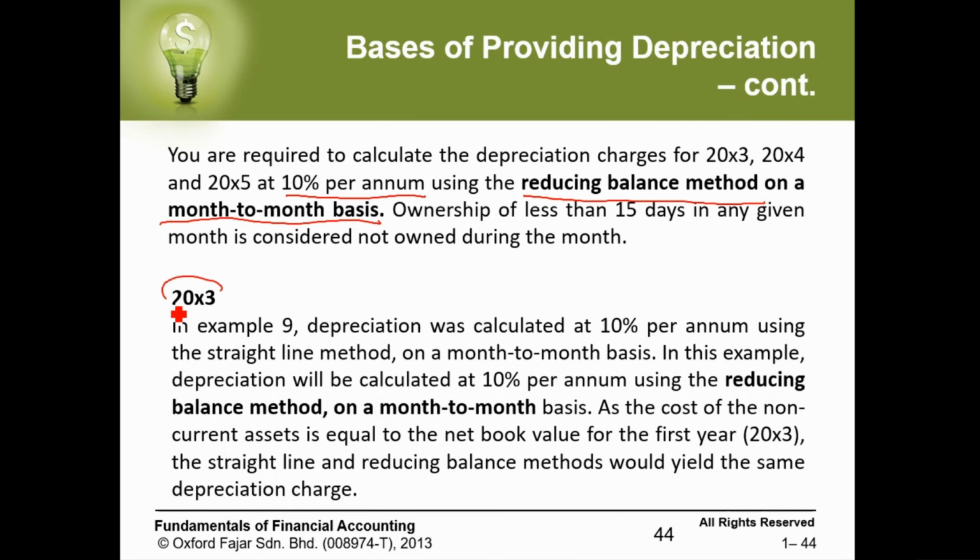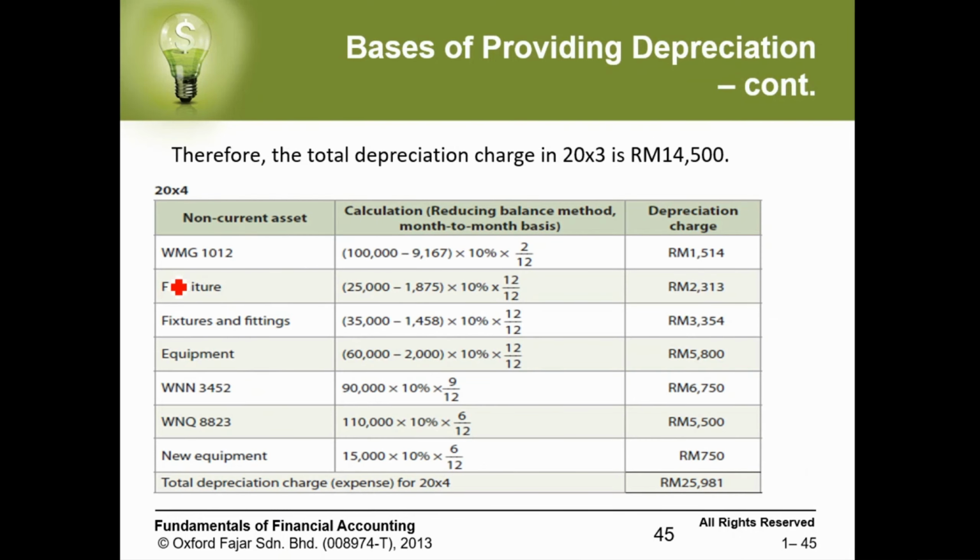So let's calculate first for 2013. In the previous example, we used the straight line method, but here we want to use the same numbers with the reducing balance method. So if you remember the first asset, this is in 2000.